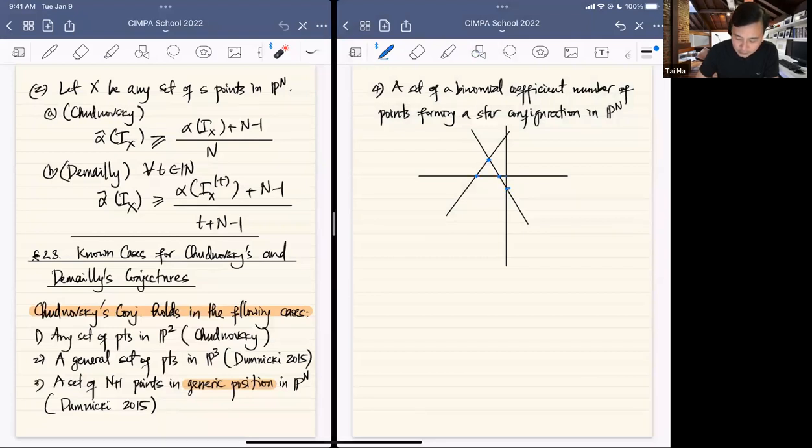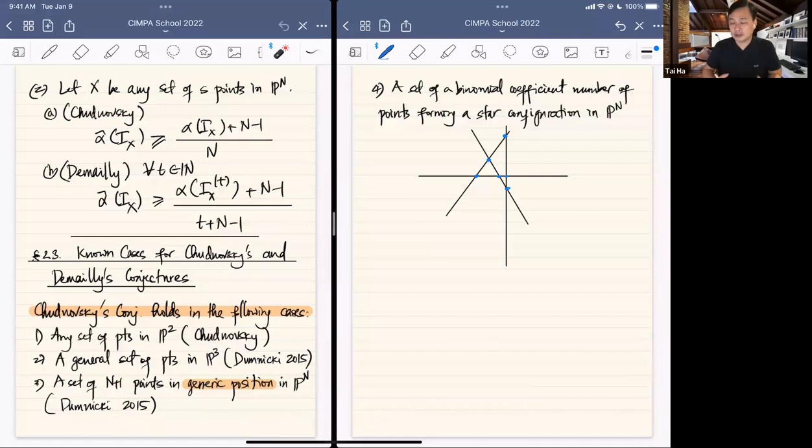If you have 4 lines, then you get 6 points. If you have 5 lines, then you get 10 points. And if you look at those numbers a little bit closely, you realize that 3, 6, 10 are the same as the values of the Hilbert function of the polynomial ring in 3 variables, right? So those are of the form n plus d choose n, or d plus 2 choose 2 in the case of P^2.